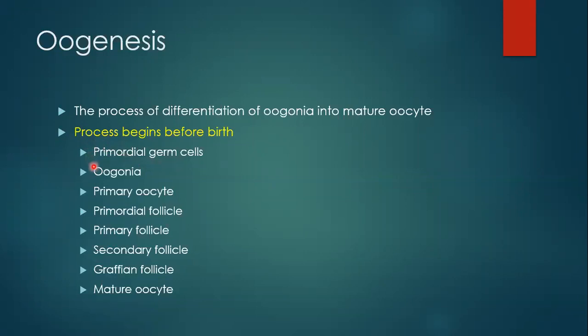It will be converted into the oogonia, then into the primary oocyte, with its cover of follicular cells known as the primordial follicle, then the primary follicle, secondary follicle, Graafian follicle, and finally the final product, that is the mature ova or the mature oocyte, right? So all these will be discussed step by step in the upcoming slides.